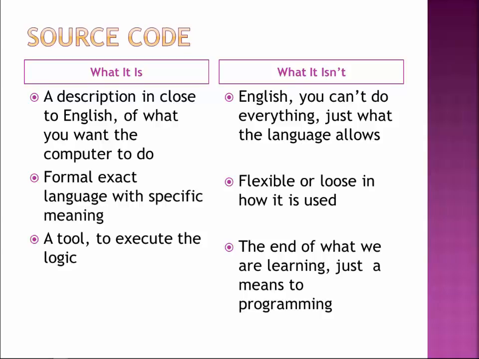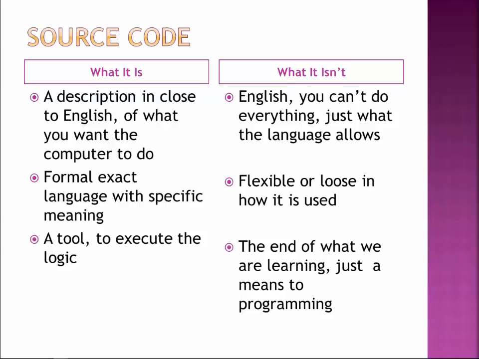But source code is not English. It's not just sort of express an idea and it's going to happen. If I don't use the exact perfect syntax, the exact perfect semicolons and curly brackets, and if the variable's name is x, I have to use the same x, not uppercase or lowercase. A better name for a variable is student, and I have to spell it properly.